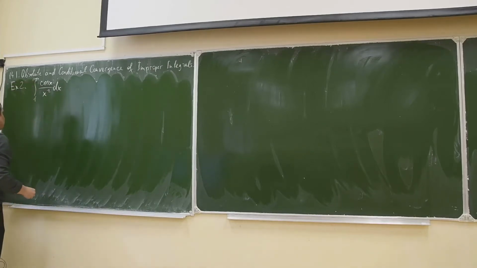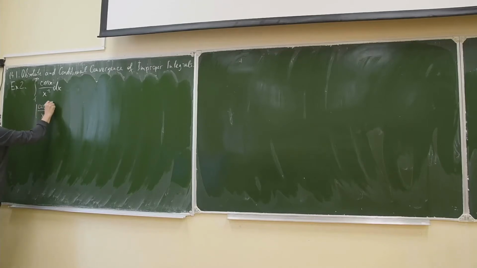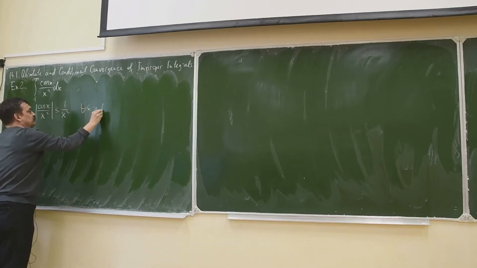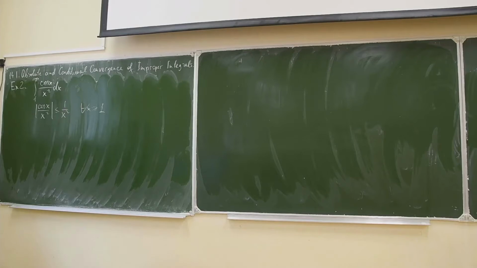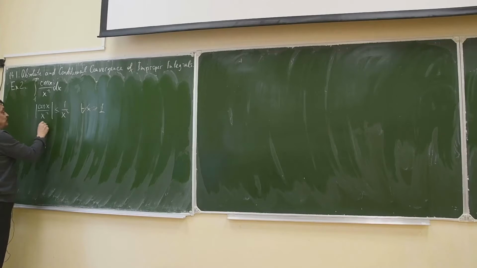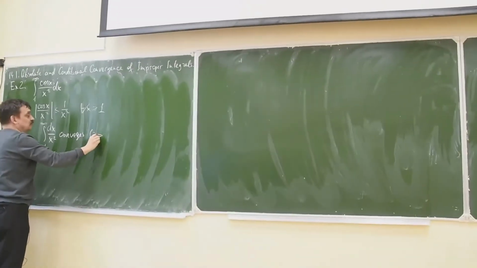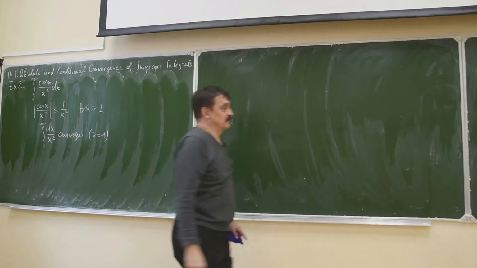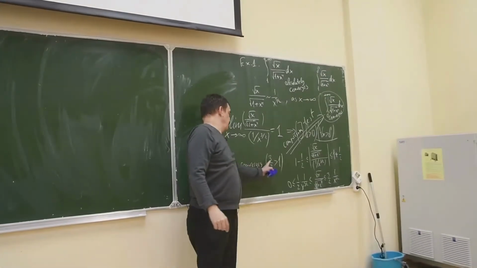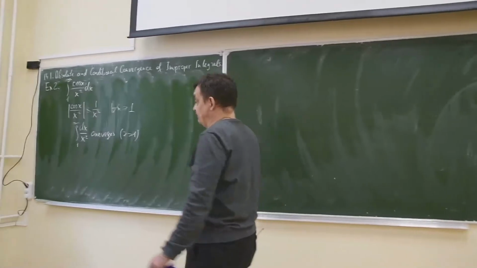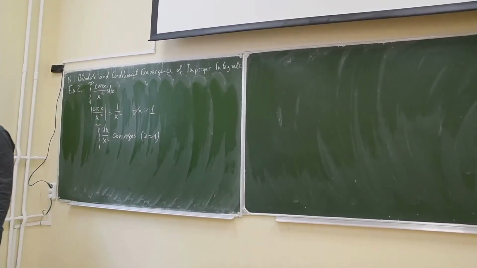Here we can write the following estimate. Cosine x over x squared is less or equal than 1 over x squared for all x greater or equal than 1. Then, since the integral from 1 to infinity dx over x squared converges, once again, 2 is greater than 1, like here, right? If the exponent is greater than 1, the integral from 1 to infinity converges.